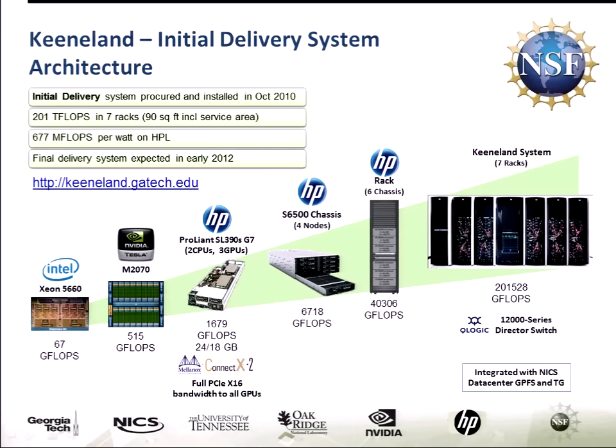And you take those and put those together, and this 7-rack system has 200 teraflops of computing capability in it. That's 90 square feet, and it's under 100 kilowatts. And it is, for the most part, a commodity-based system.